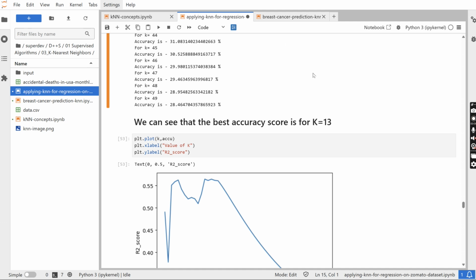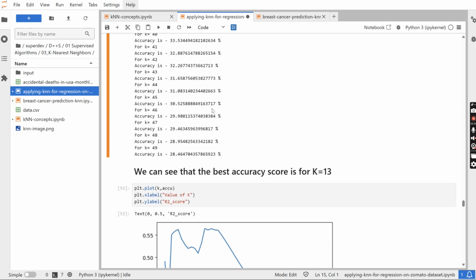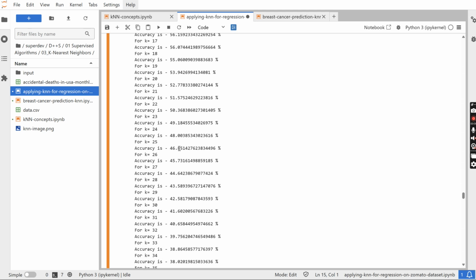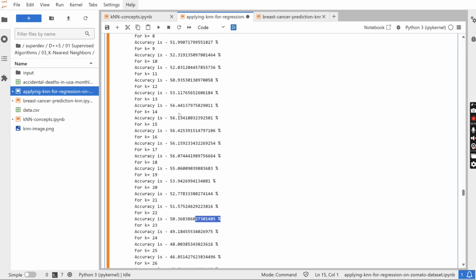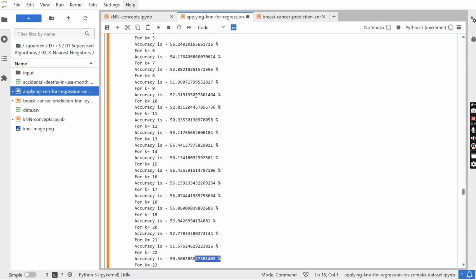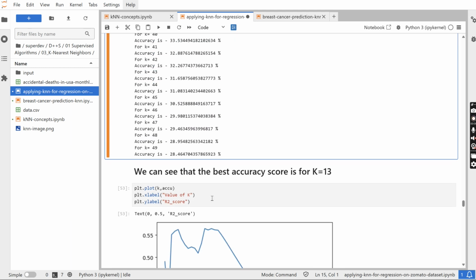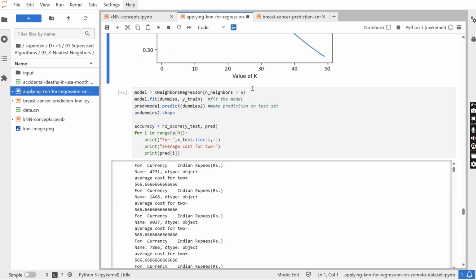It turns out for this specific problem, KNN is not at all a good algorithm. But anyway, because we are trying to understand how the algorithm works, from that point of view, as you can see, the max accuracy is obtained somewhere here, 56. Okay, 56 value. So the k value for which it is working best is, I believe, 7.